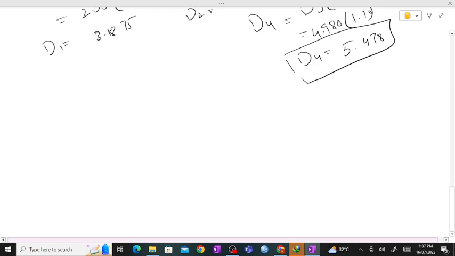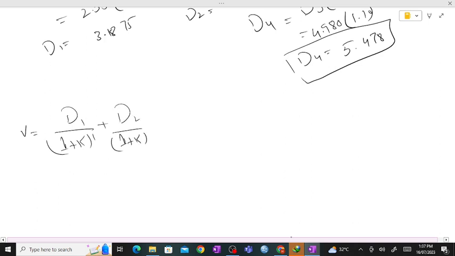Now the formula is that V is equal to D1 over (1 plus K1), plus D2 over (1 plus K2), plus D3 over (1 plus K3). Now the scenario is slightly changed in the last year, where you have a same, infinite, or forever growth amount.